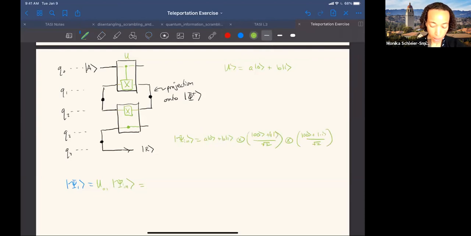Okay. And so, for example, when I act with this first unitary, this top unitary operator that is a CNOT, it's basically going to say nothing changes if Alice's qubit is in the 0 state. So we have a component that's A|0> cross phi plus, cross phi plus.